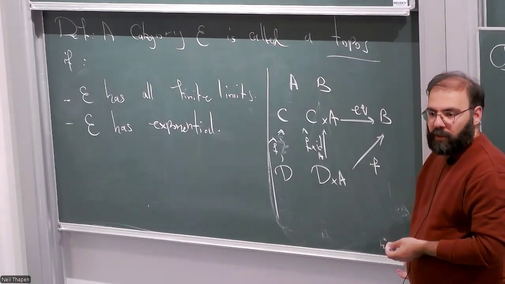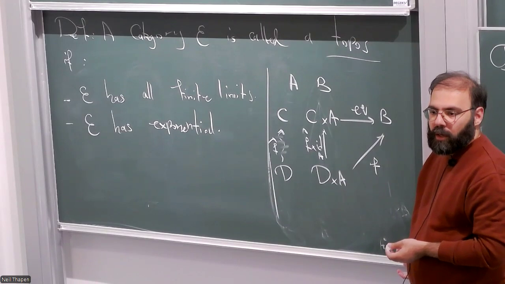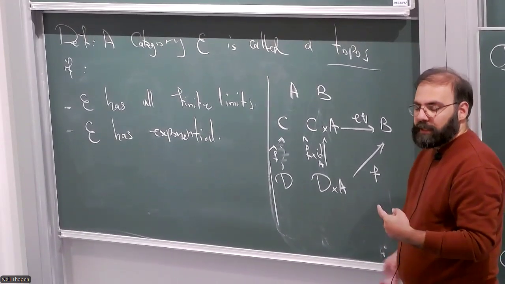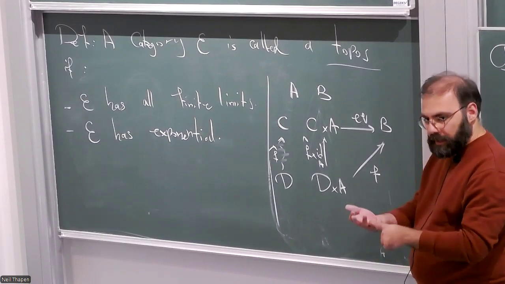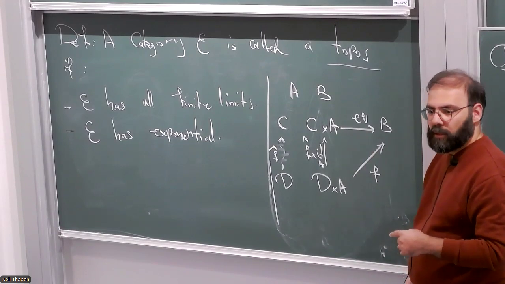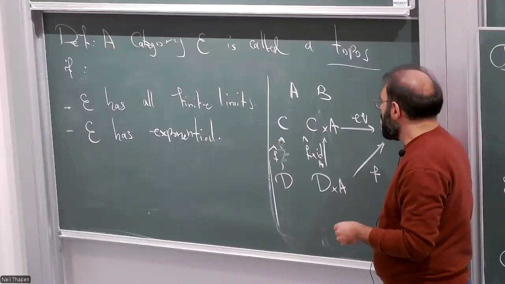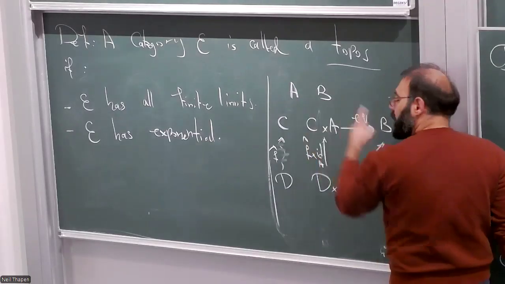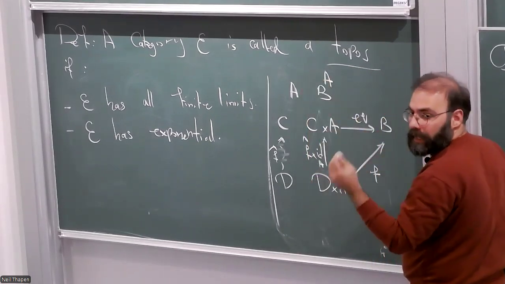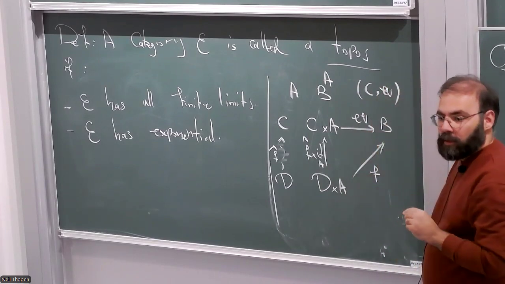Is it clear, Pavel? It is a map. So just the name is evaluation, but the data is just C plus one map like this. That's what I call evaluation, such that the given data is A, B, and the exponentiation that we like to write B to the A, for instance, is just a pair C and the map evaluation.